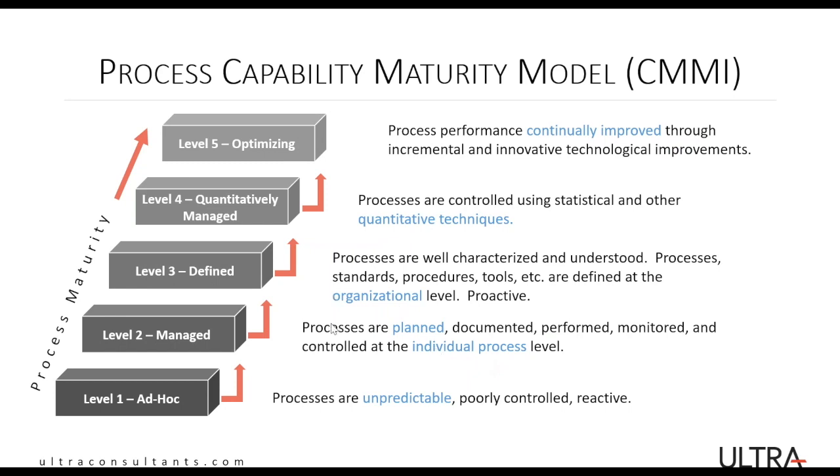By and large, the majority of the clients that we go in to help fall in level 2 with a little bit of level 1, occasionally up into level 3. It's pretty rare that we see level 5 processes, with dramatic investment in technology, continuous improvement, and really cutting edge capabilities. Where organizations are doing these, they tend to be industry leaders.